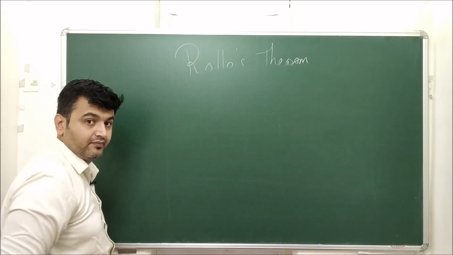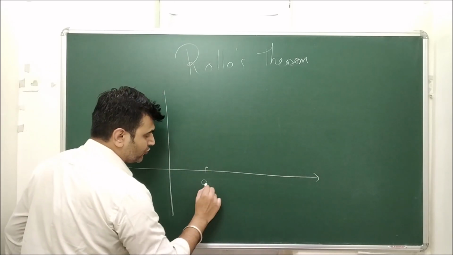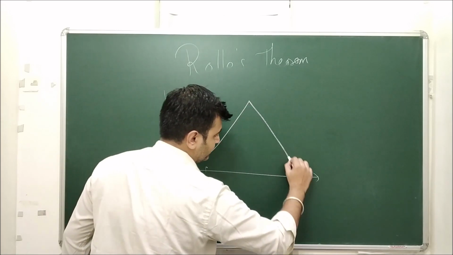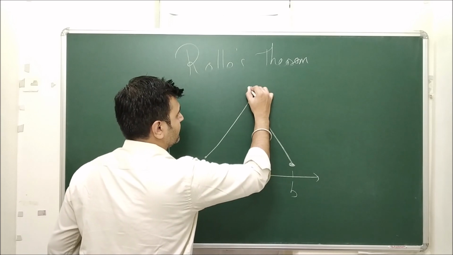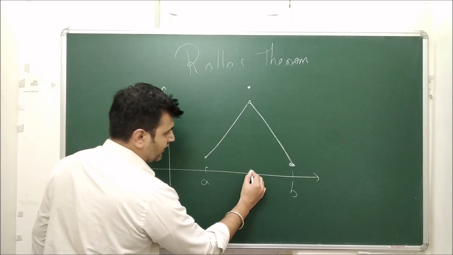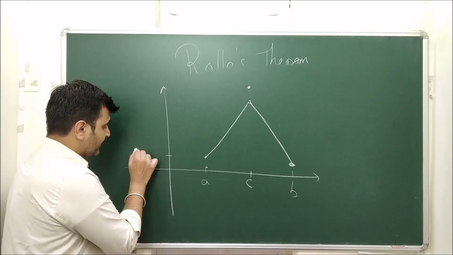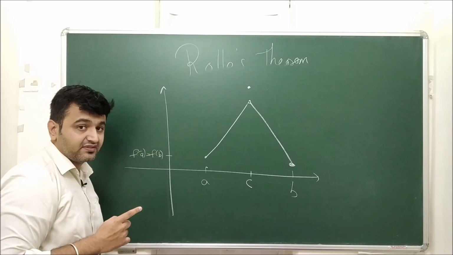So suppose this is my interval a to b. If I take a function like this, there is a break. As you can see, at point c the function is not continuous. My f(a) is equal to f(b), so that condition is satisfied, but continuity fails.